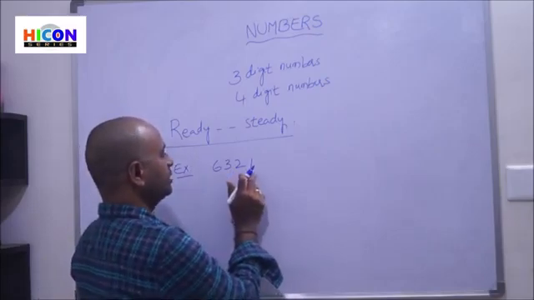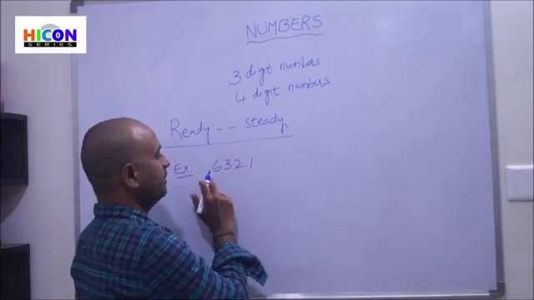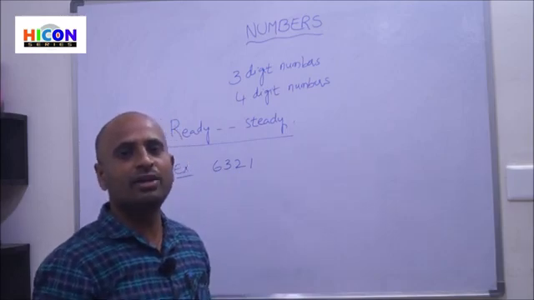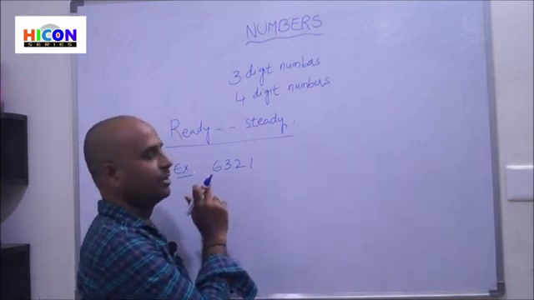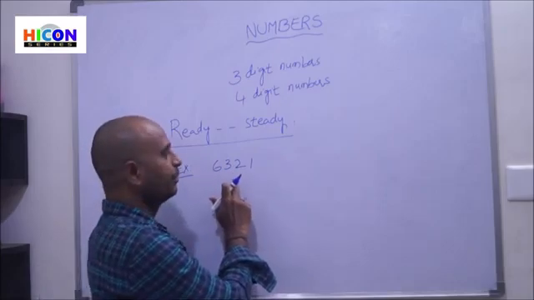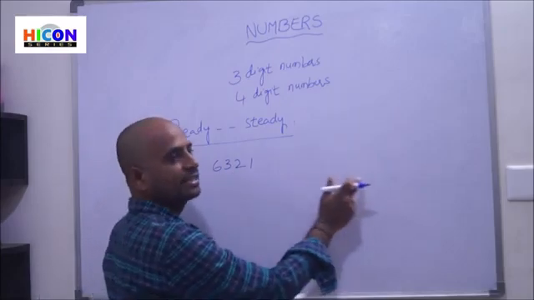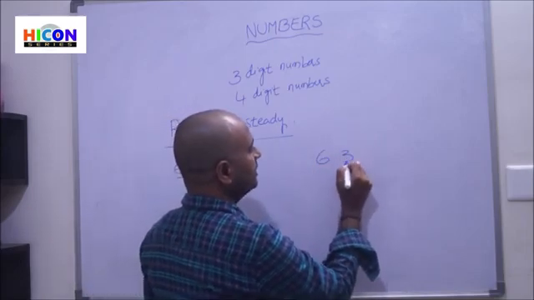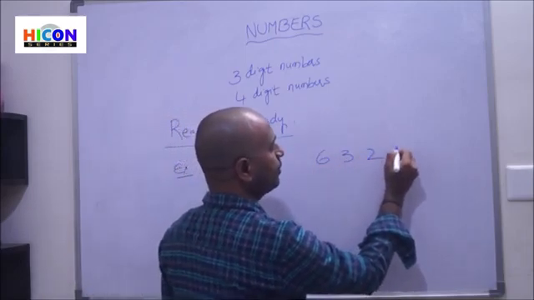The expanded notation is nothing but the sum of the place values of each digit. Now write the place value chart for the Indian system of numeration. The number is 6, 3, 2, 1.